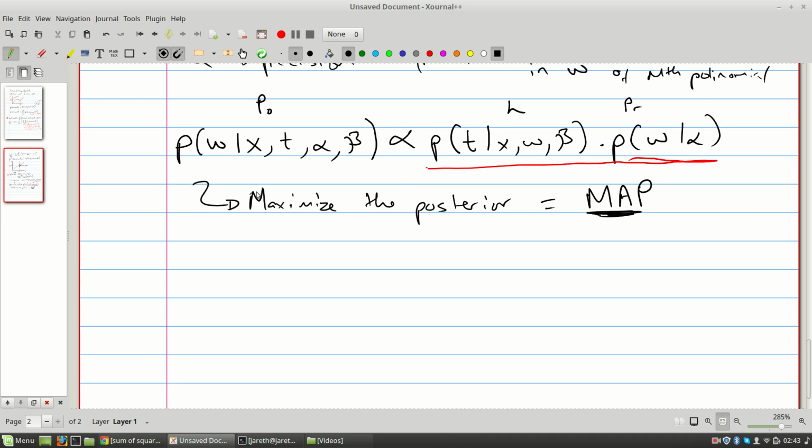But essentially, what we end up with is taking the minimum.